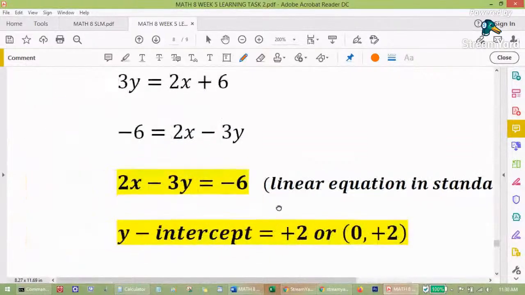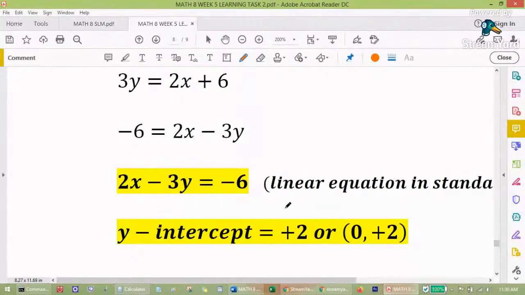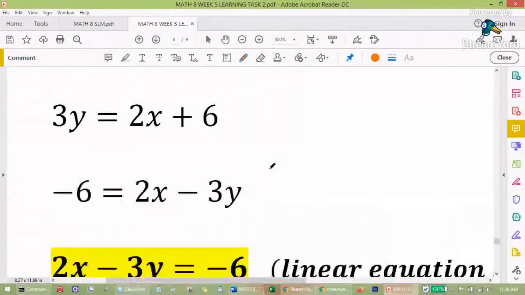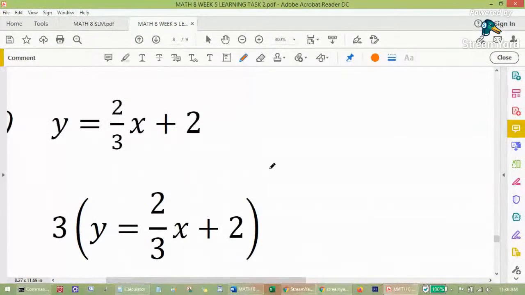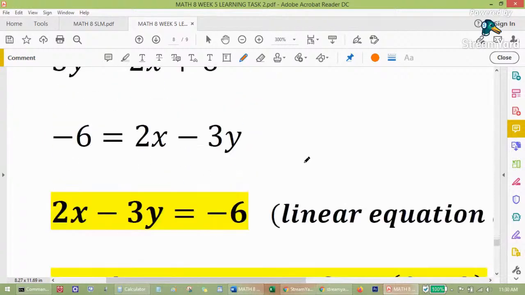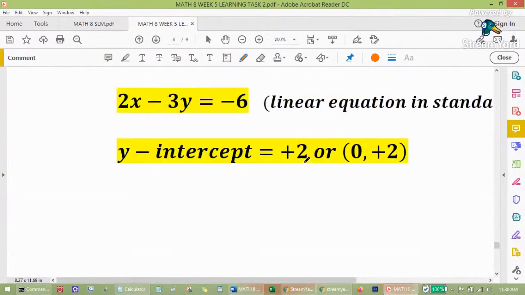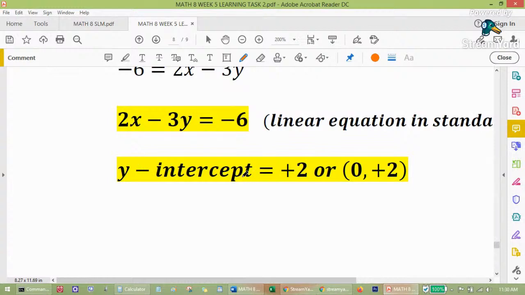Para mag-graph natin, kailangan natin mahanap ang x and y intercept, starting with the y-intercept. Ito yung original equation. This is the y-intercept, positive 2. Ibig sabihin, yung y mo ay magiging positive 2.